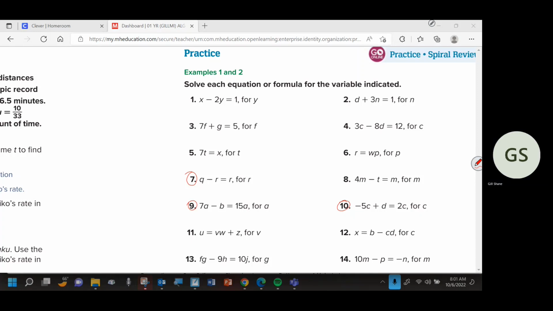What is x? What number times 2 is 6? 2 times 6 will be 12. So some number times 2 will be 6.